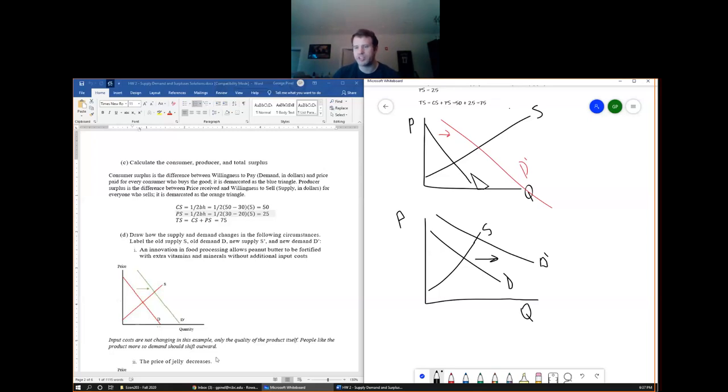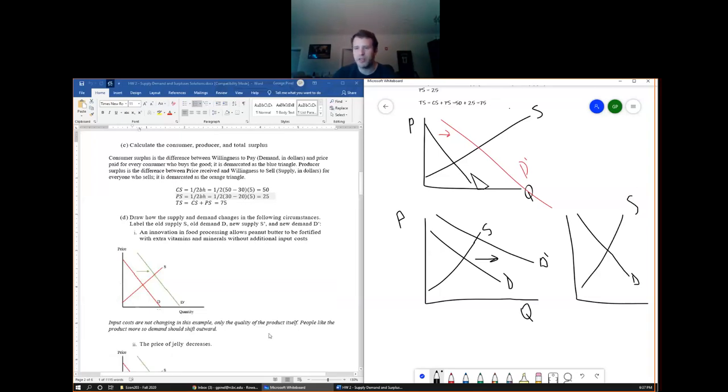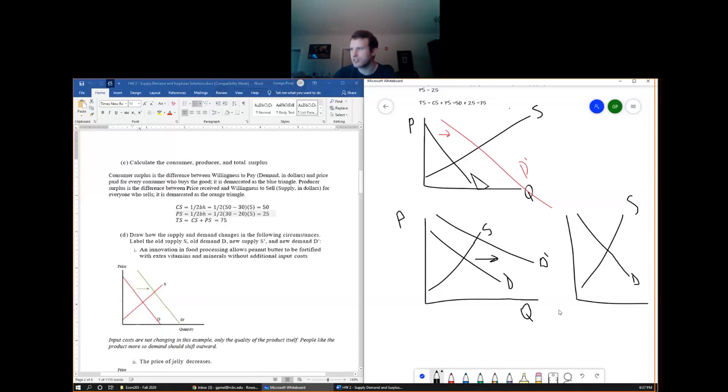So the price of a complement goes down, the demand for the thing it complements goes up. Okay. If I had said, so this is not on the homework, but if I had said, this is the demand for peanut butter, this is the supply for peanut butter, and the price of peanut butter decreases, what should the shift look like?